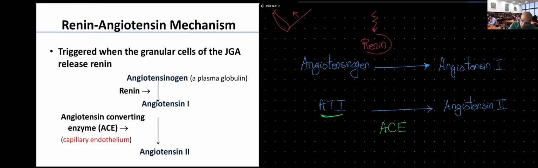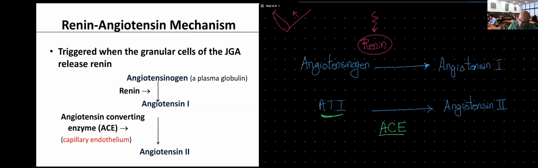It acts by activating a plasma protein called angiotensinogen into a more active form, which is angiotensin 1. Angiotensin 1 is not the final active form of the hormone. It needs to be activated into angiotensin 2 in order to be capable of increasing the blood pressure.